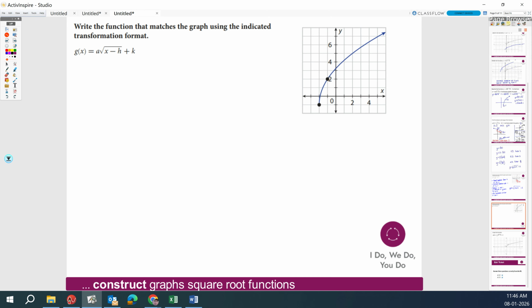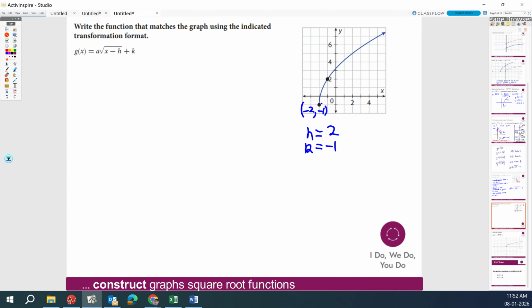Have a go at this one. Alright. So what have we got? Where is our vertex? What's the coordinates of the vertex? Negative 2, negative 1. What's the value of h? 2. What's the value of k? Here, we do this one in red.